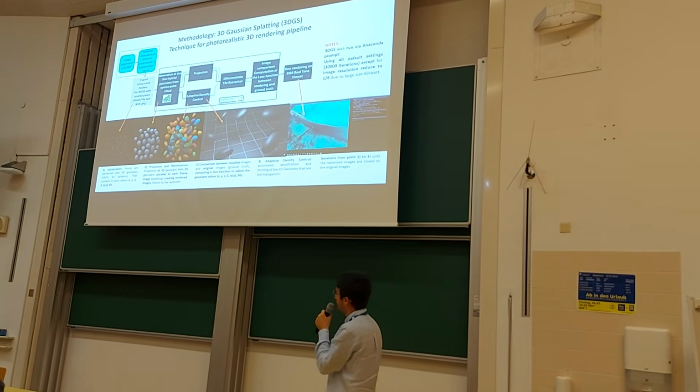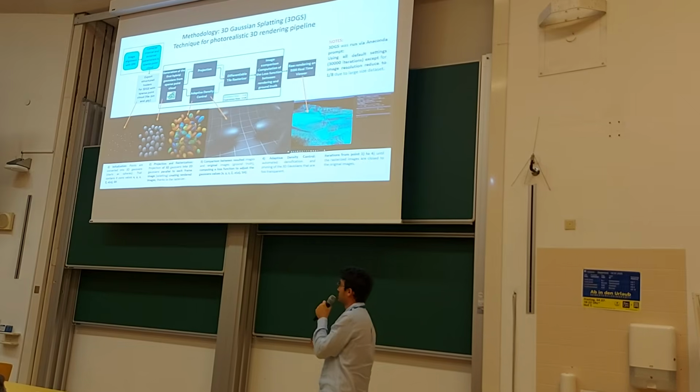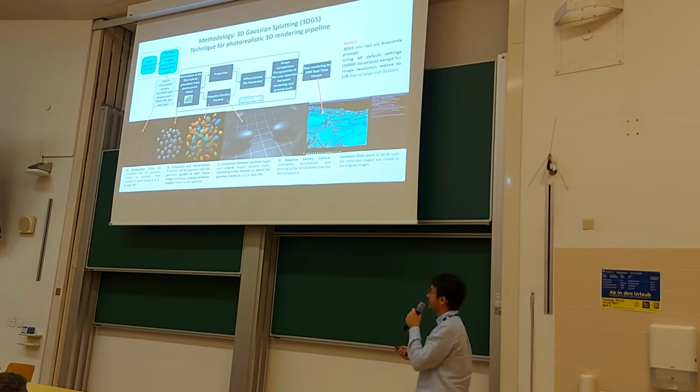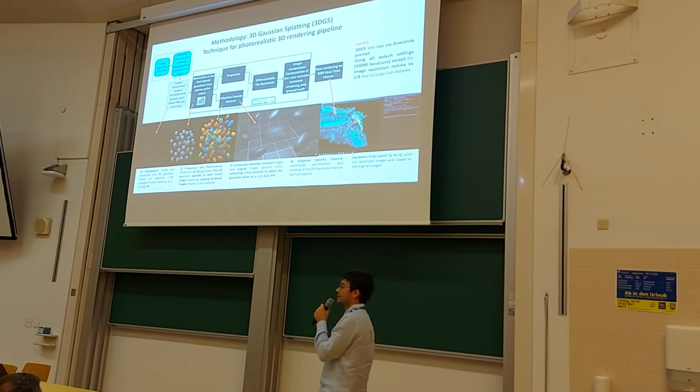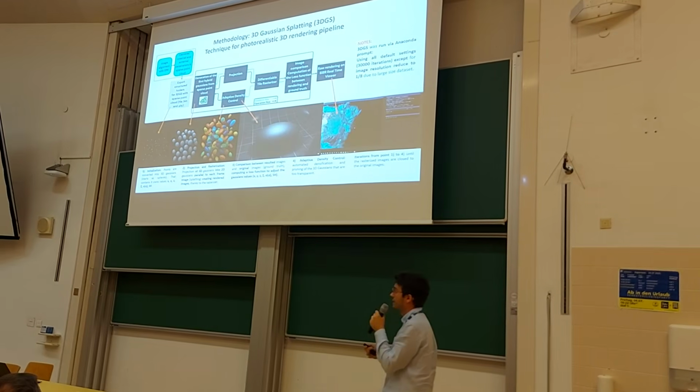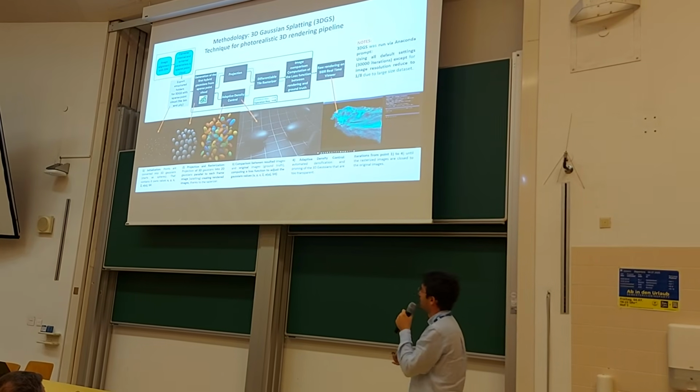I will explain some basic steps to show better how it works. First there is an initialization where the points are converted into 3D Gaussians, starting as spheres, that contain not only the X, Y, Z position and the RGB, but also other information.